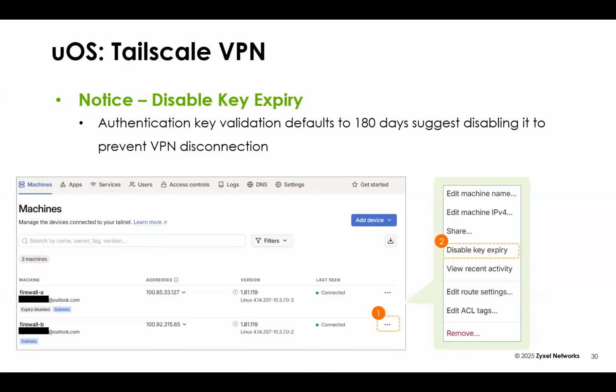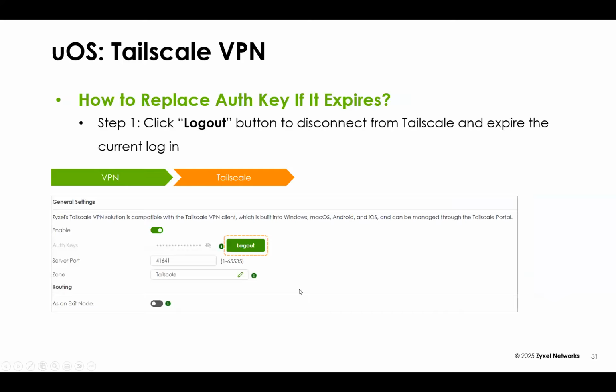Now, what if you've set the expiration to, say, 90 days, and those 90 days are up? Well, it's a little bit of a pain, unfortunately. If you set your authentication key to a specific expiration date and it expires, on the firewall the first thing you have to do is go into your Tailscale VPN and log out.